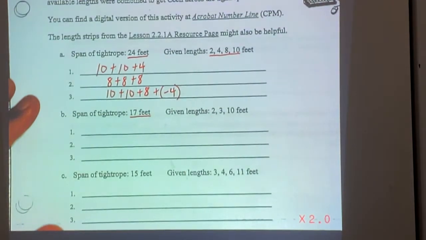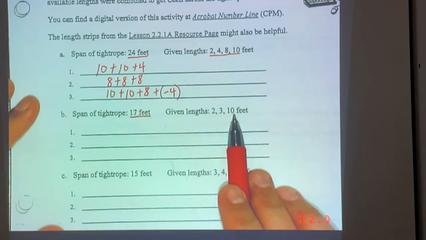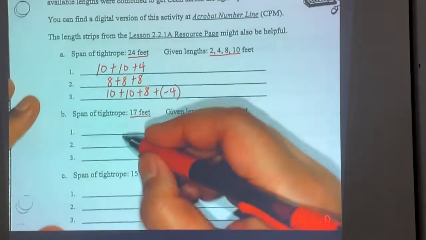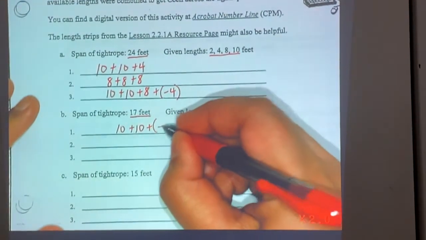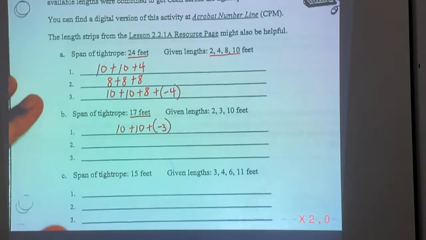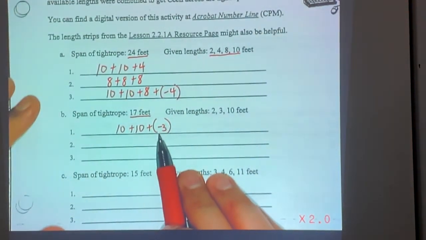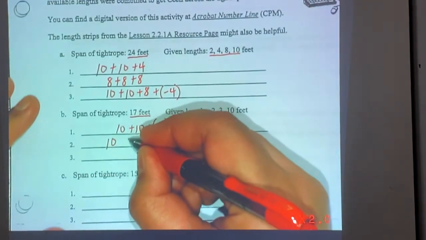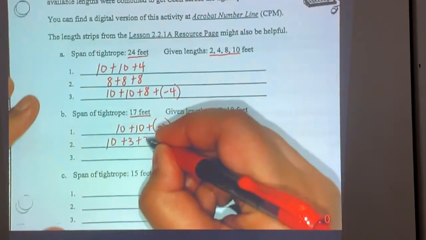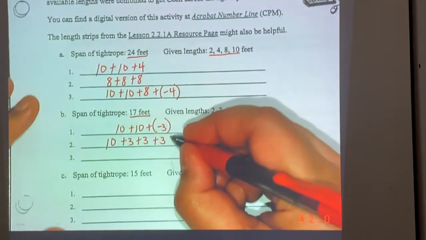Now the tightrope is a lot shorter. It's 17 feet. We are allowed to use these 3 numbers and their opposites. So how do you make 17? How about 10 plus 10 plus a -3. I'm putting parentheses around my negative number so that the plus sign isn't right next to a negative number. Okay, anything else? 10 plus 3 plus 3 plus 3, that's 19, and so he has to go back 2.